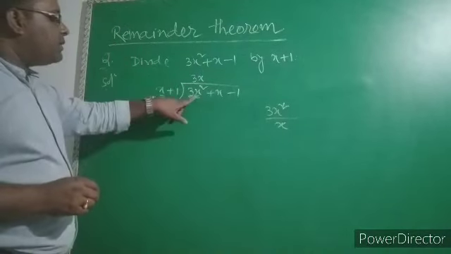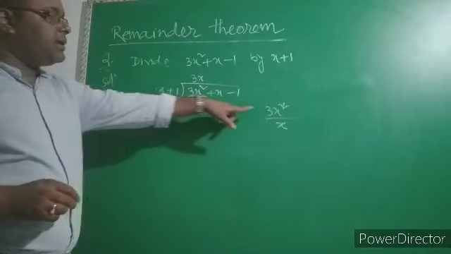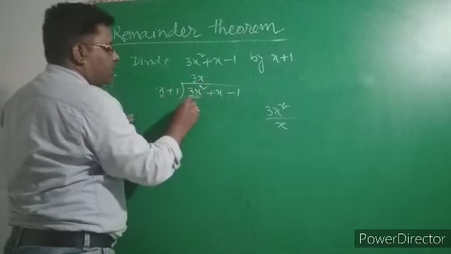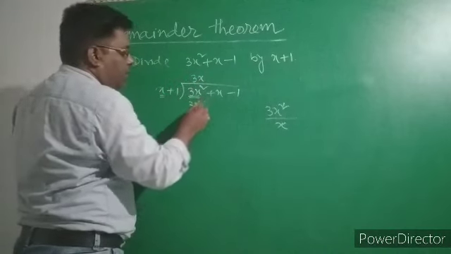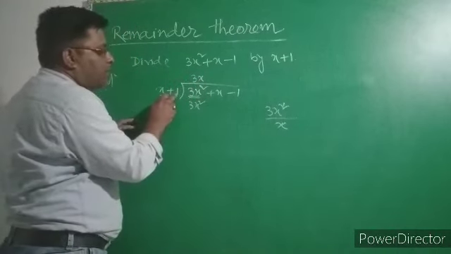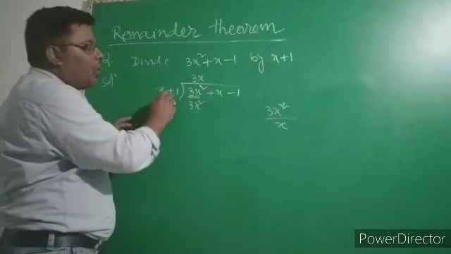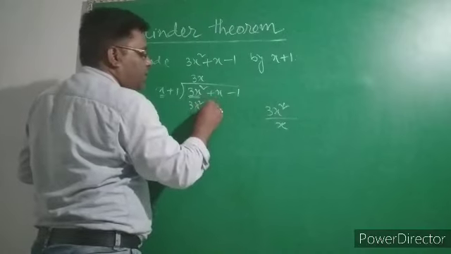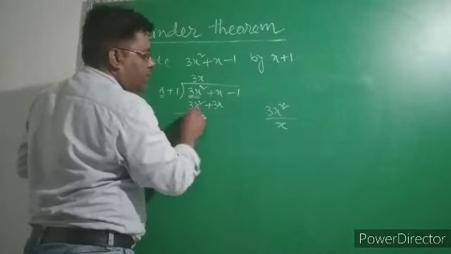Now 3x into x becomes 3x square. Now we multiply this plus 1 with this 3x: 1 into 3x is plus 3x.